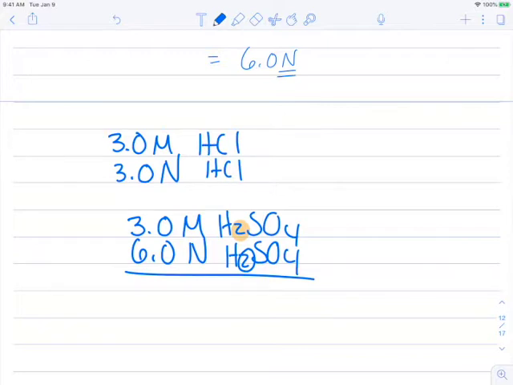But it does release more hydrogen ion. In fact, it releases twice as much hydrogen ion for every mole of acid. So sorry, Amber, that probably wasn't as clear of an answer as you were hoping for. All right, but other questions so far?